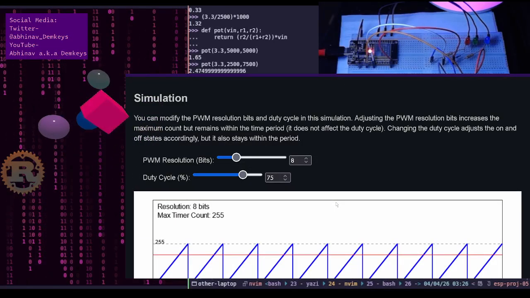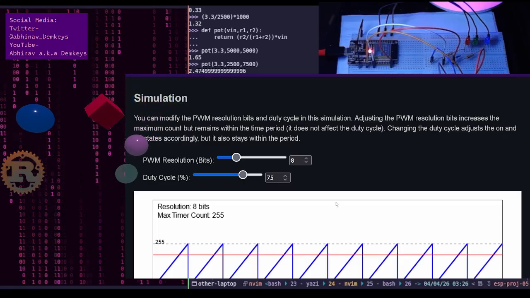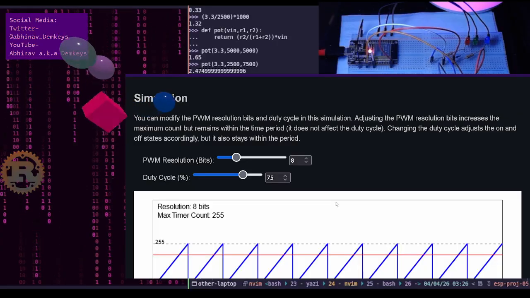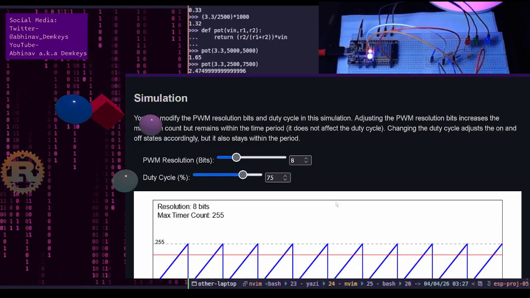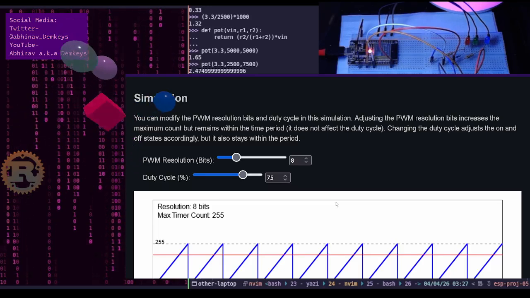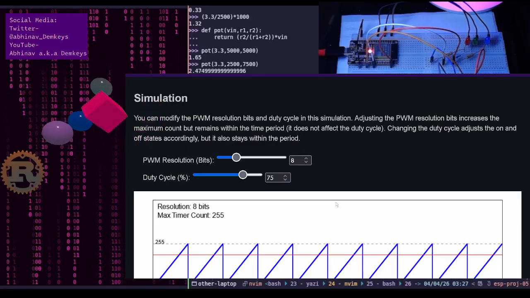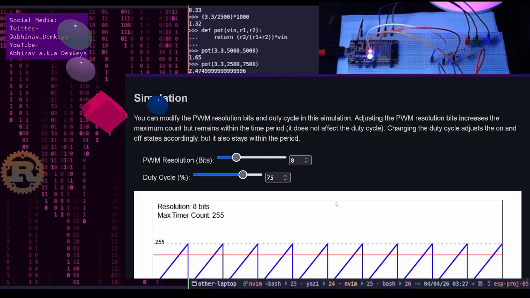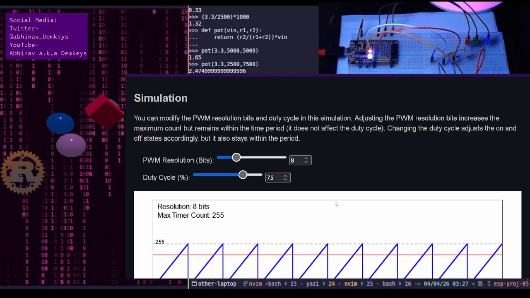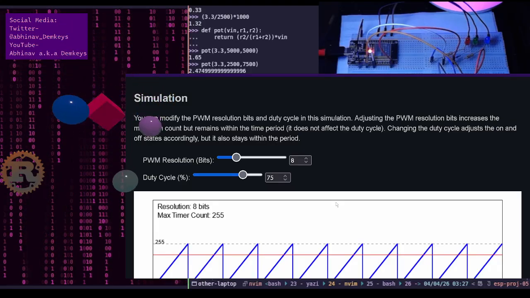Simulation. You can modify the PWM resolution bits and duty cycle in this simulation. Adjusting the PWM resolution bits increases the maximum count, but remains within the time period. It does not affect the duty cycle.